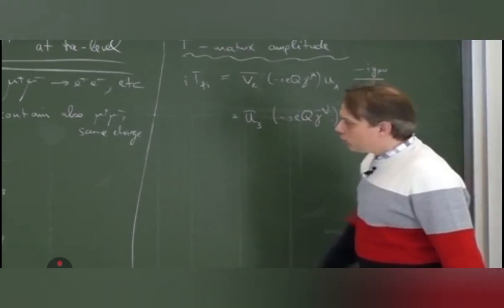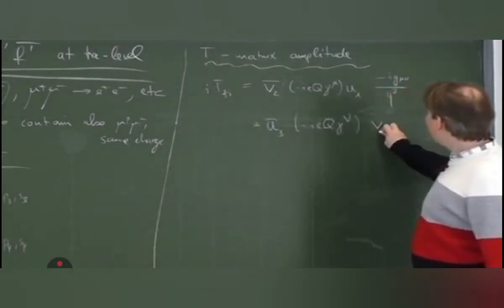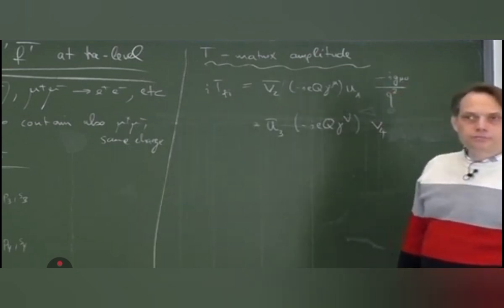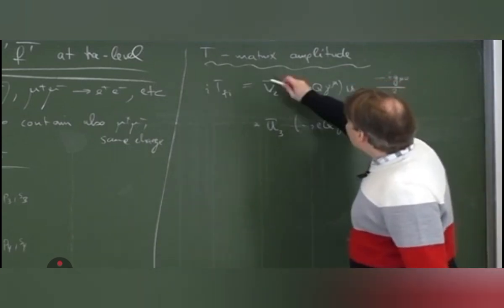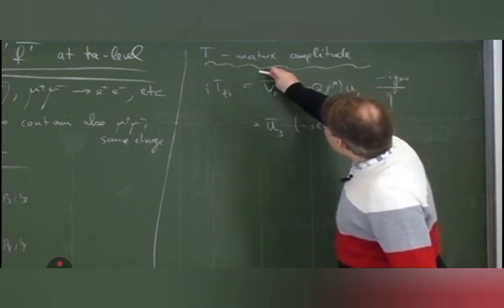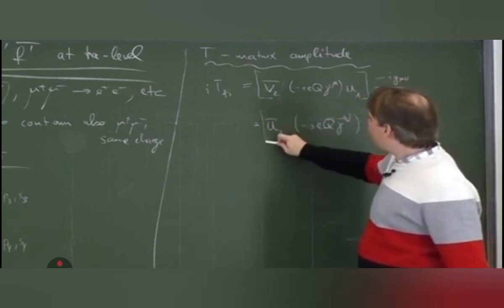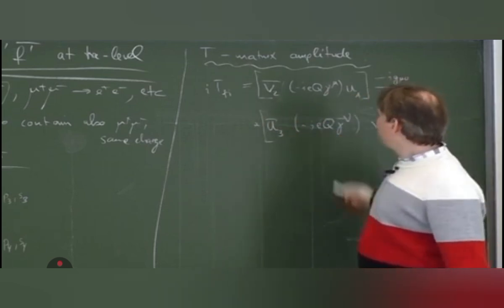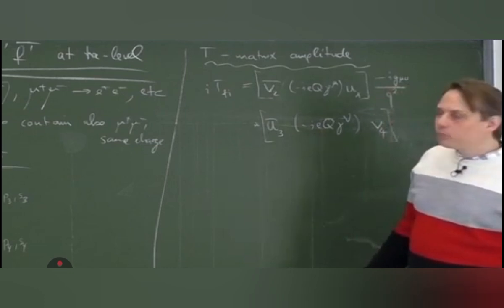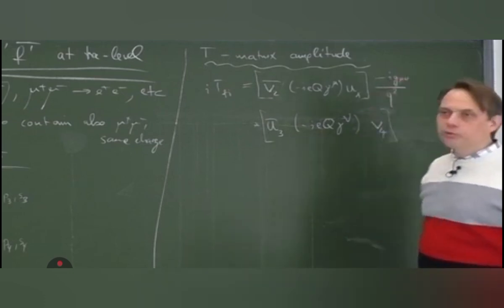And finally the spinor for mu plus, which is v4. That's all. And so to structure it, you see that we have here some term which corresponds to the electron-positron line, some factor corresponding to the mu plus mu minus line, and a factor for the photon propagator.